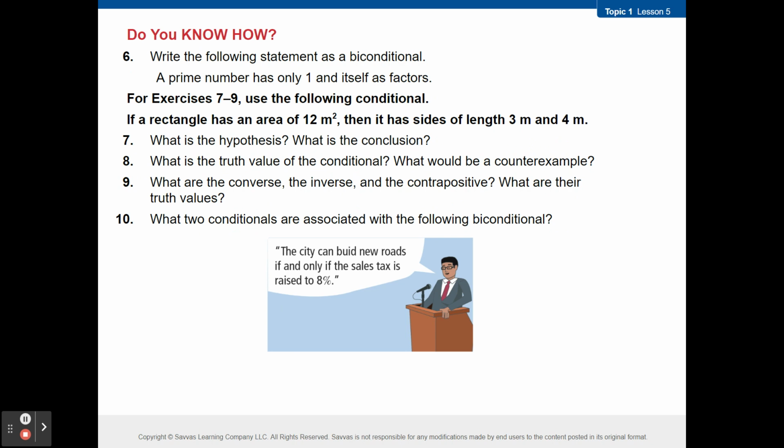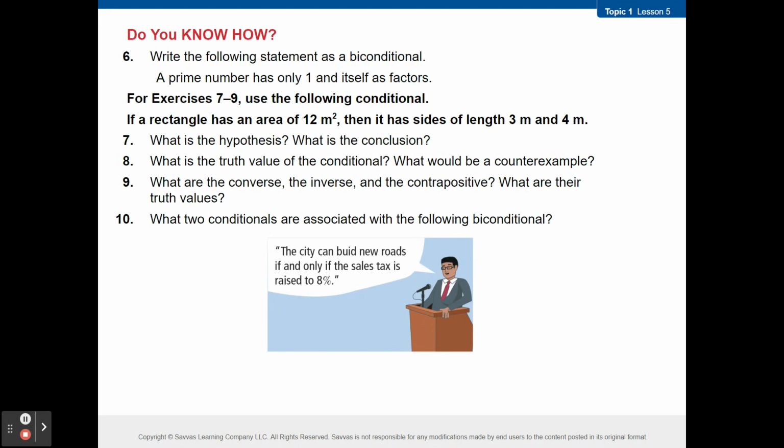All right, so in this case, the converse is definitely going to be if a rectangle has side lengths of 3 and 4 meters, then it has an area of 12 meters squared. Would that be true or false? Yeah, that would work. The inverse negates. So if a rectangle does not have an area of 12 meters squared, then it does not have the side lengths of 3 meters and 4 meters.